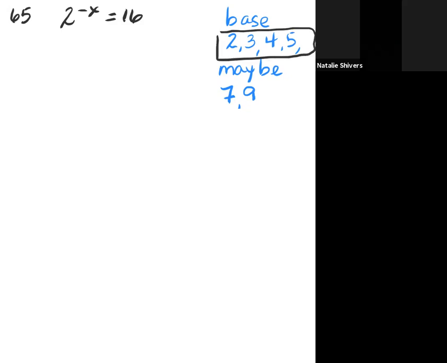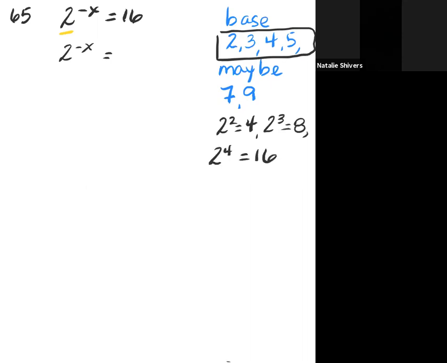Okay, so the left side's already at base 2. So now I want the right side to be base 2. The left side stays the same, but 16, we need to think, well, 16 is what? So you can go, well, 2 squared is 4, so it's not that. 2 cubed is 8. 2 to the 4th is 16.